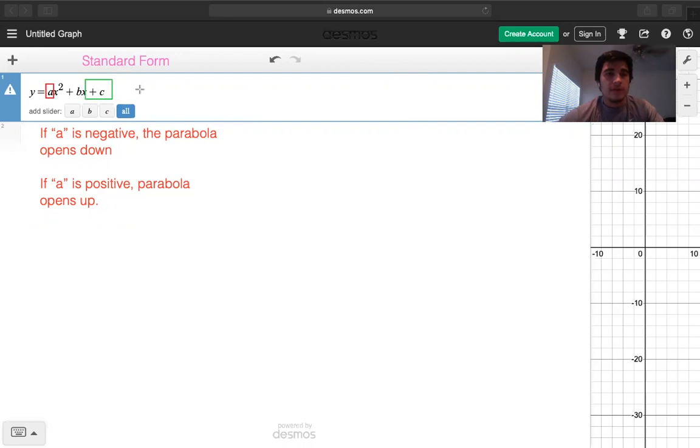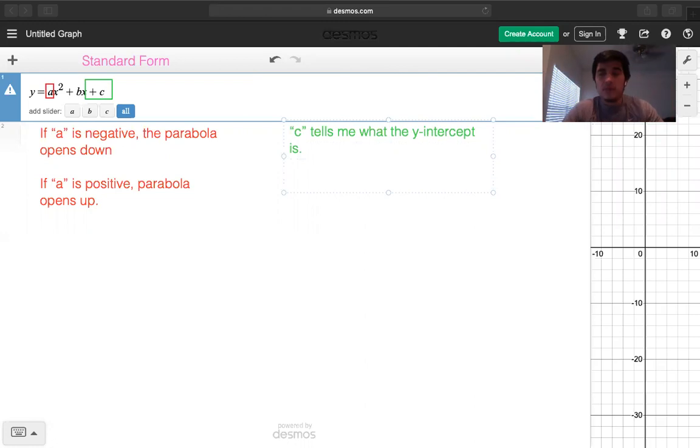So make sure we get the sign with C. What C tells me is what the y-intercept is. C tells me what the y-intercept is.